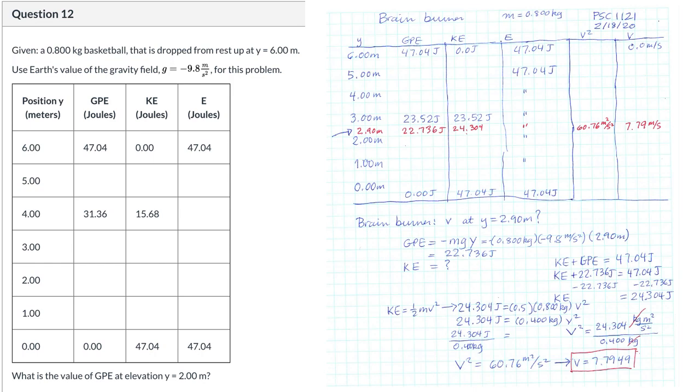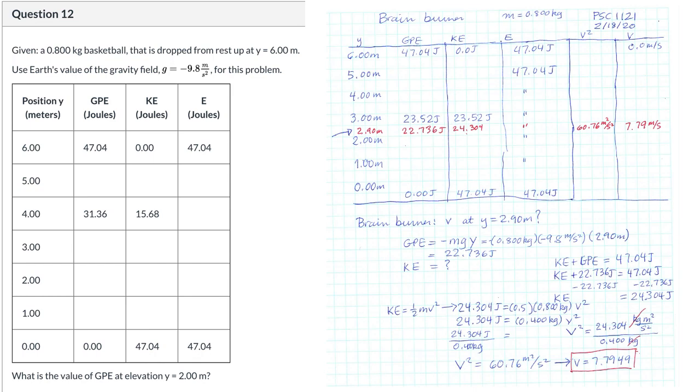Now, before we do anything more with this, I'm going to change this quotient and rewrite it over here. Now, watch what I do here. Instead of joules, I'm going to write this as 24.304 kilogram meters squared per second squared. Okay, that's my numerator, because that's a joule.